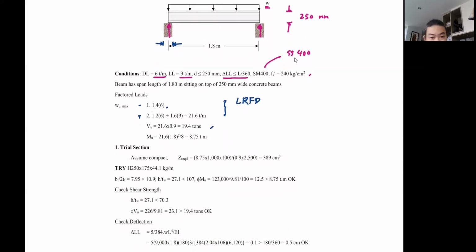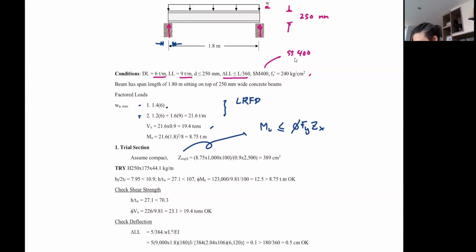And again, just like the example that we had last week, we're going to have to assume the section is compact first. And from that, we know Mu cannot be greater than phi Fy Zx. Phi is 0.9.